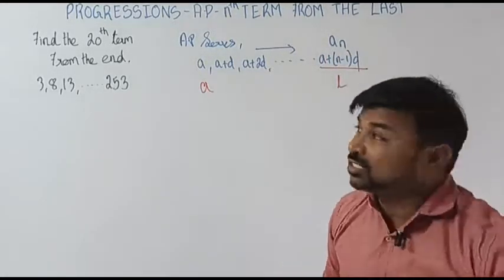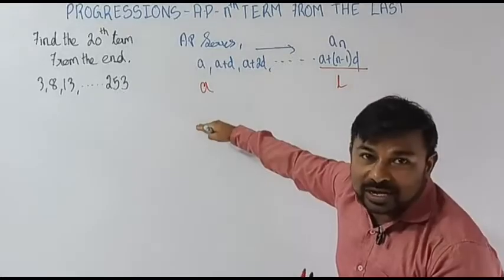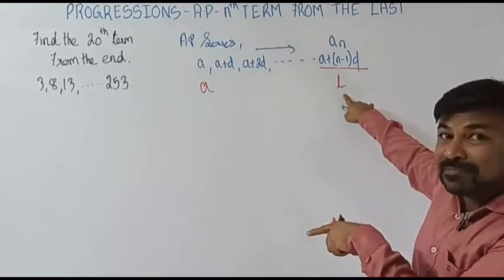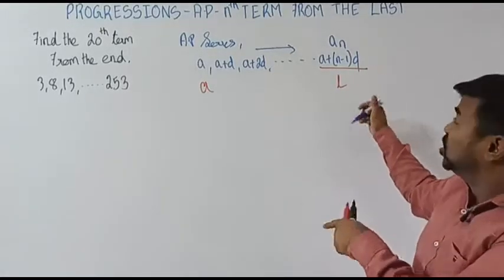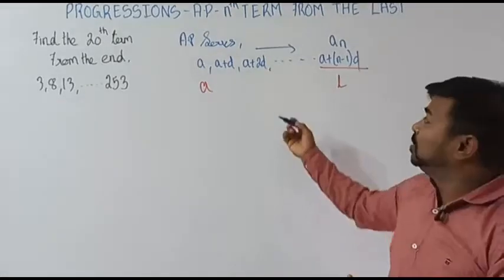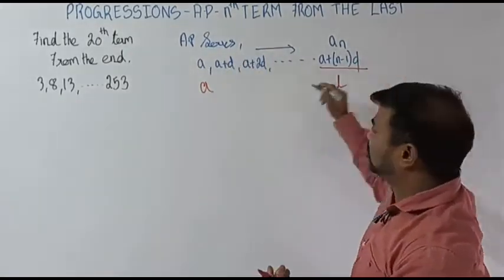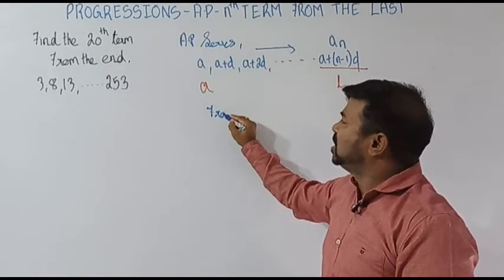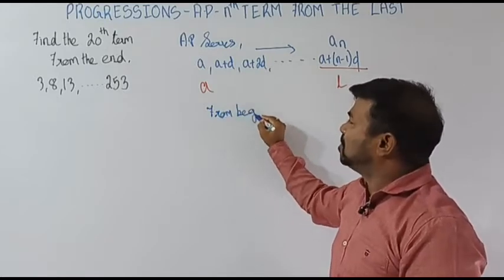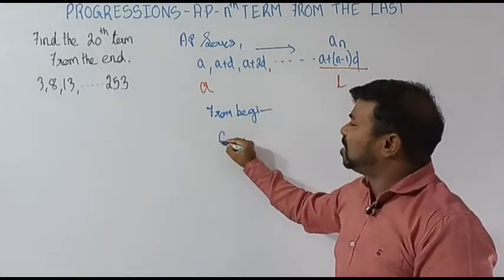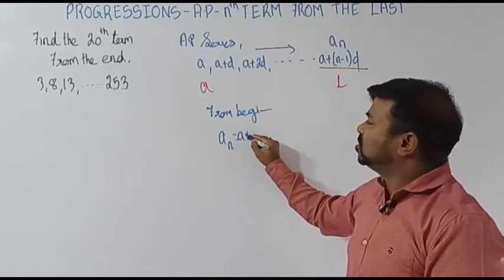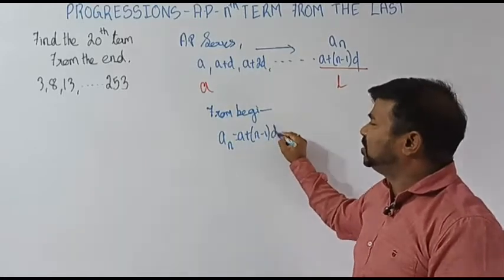Now the question is, when we are making the last term the first term, what will be the formula? When we are moving from the beginning, the formula is a_n is equal to a plus (n minus 1) into d.